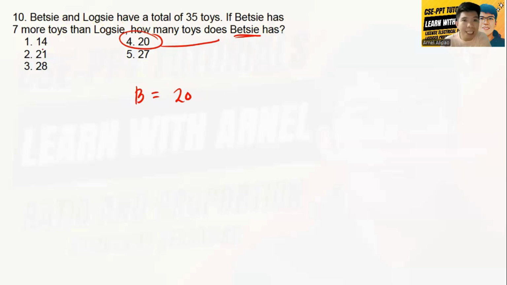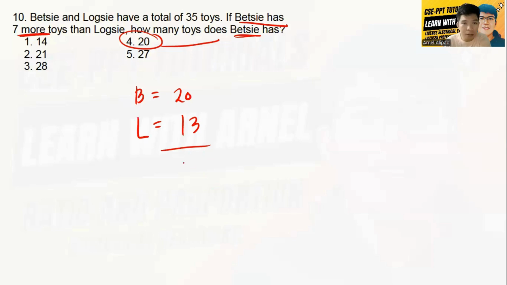If Betsy has 7 more toys than Logsy, then if Betsy has 20, how many toys does Logsy have? 20 minus 7, 13, right? Because Betsy has 7 more toys.